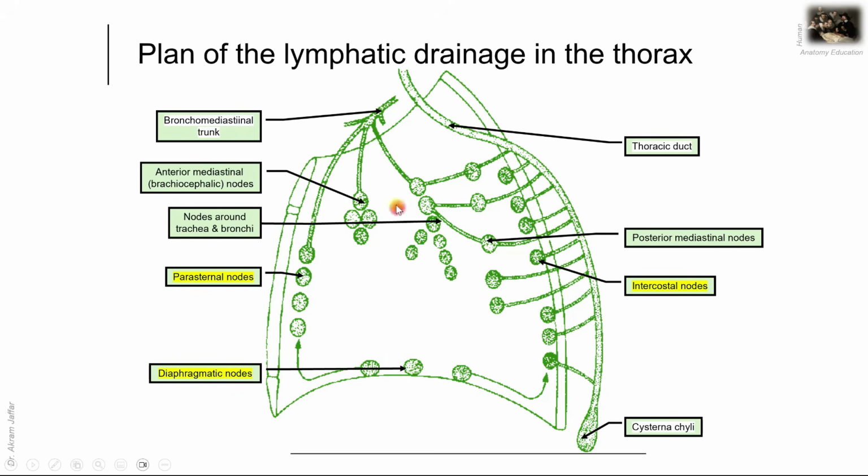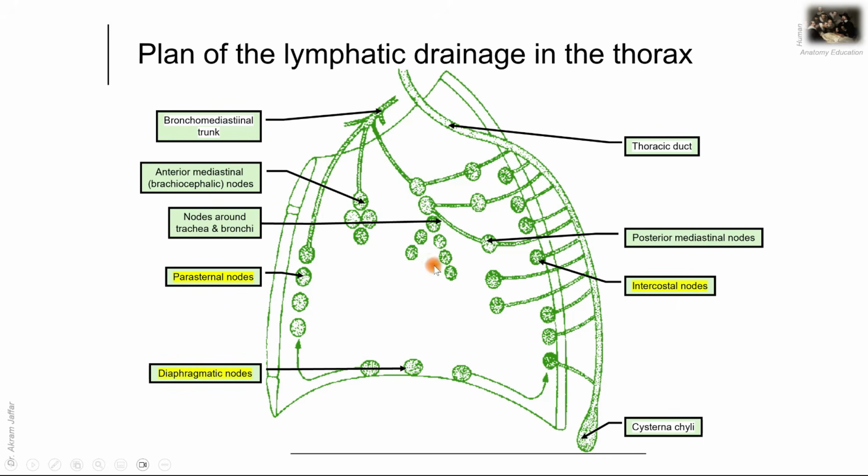In addition to that, we have the mediastinal nodes, and these could be anterior mediastinal, which are also called brachiocephalic, along the brachiocephalic veins, and we have posterior mediastinal, which are located behind the heart, and we have lymph nodes that are related to the lung and the bronchial tree.